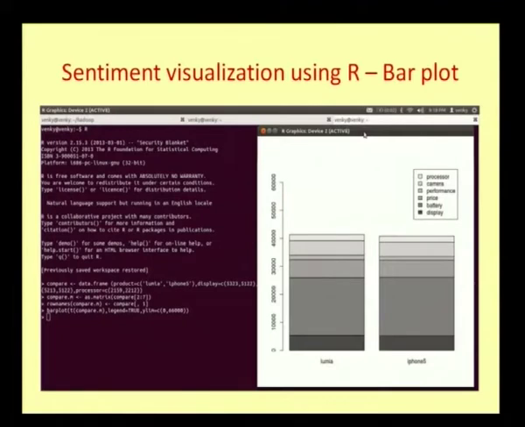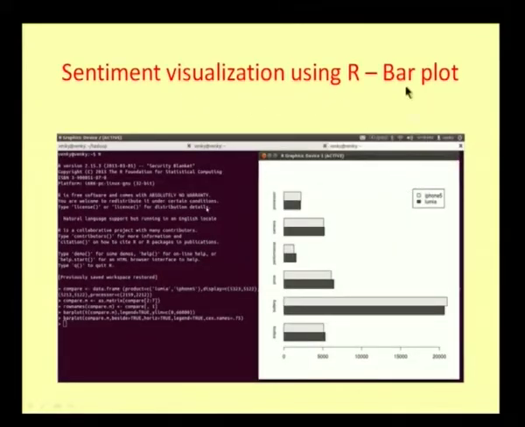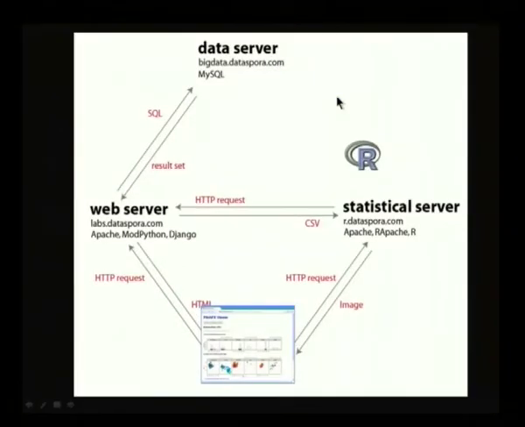So, sentiment analysis we did, and also we had the visualization of the bar chart for the same project using the R tool. The R tool is the statistical server which is getting the request from the web server and getting the data from the data server, and you are able to get the output here.